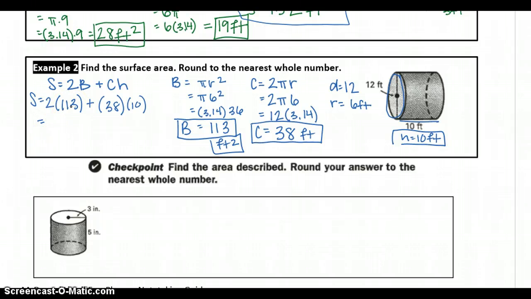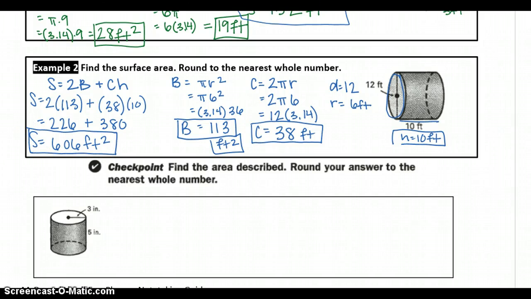So 2 times 113 will give us 226, plus 38 times 10 will give us 380. And when we add those together, we will get a total surface area of 606 feet squared as our final answer.